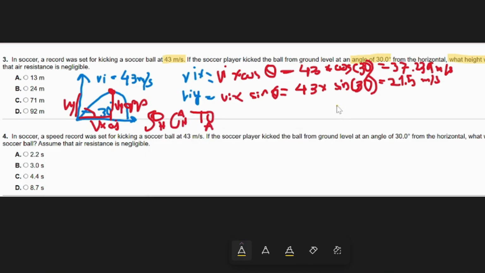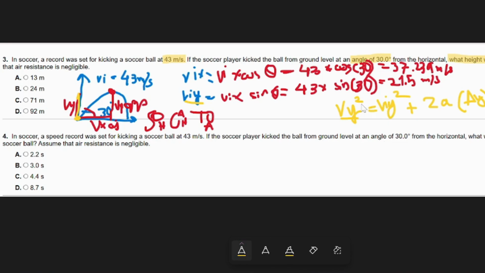There are two, but the simpler one is this one: Vy squared equals Viy squared, and this value is the starting point over here, so it's like the 0, plus 2a multiplied by delta y.